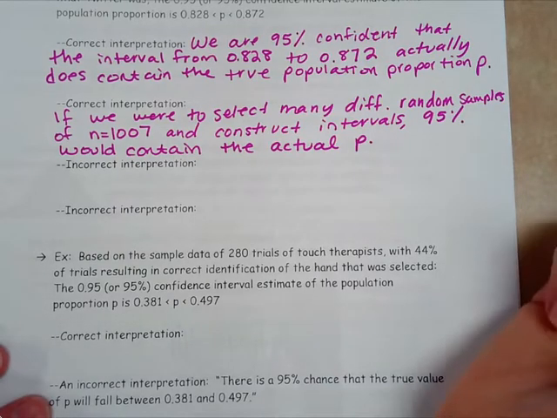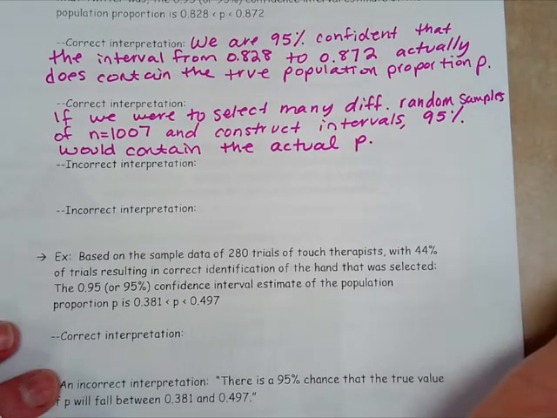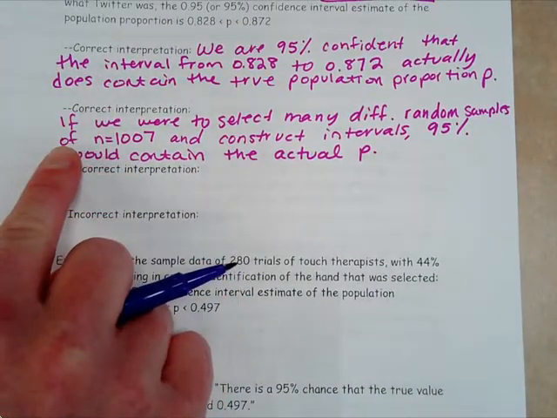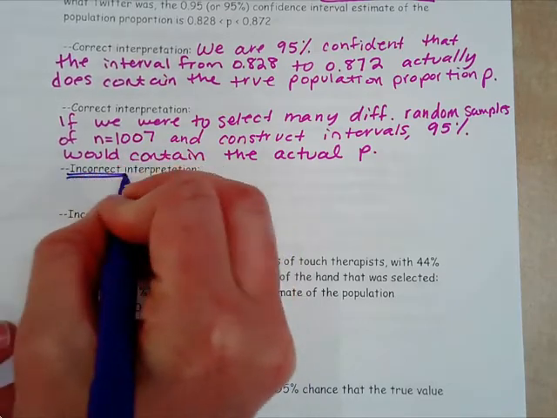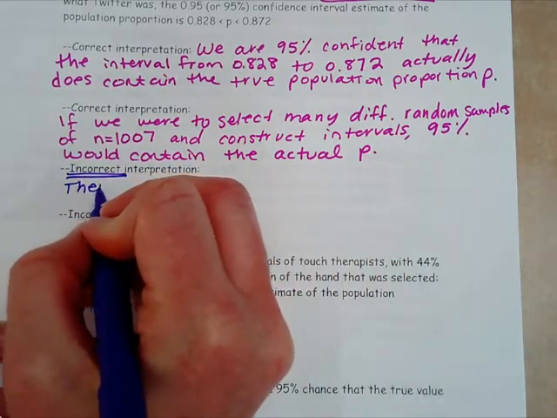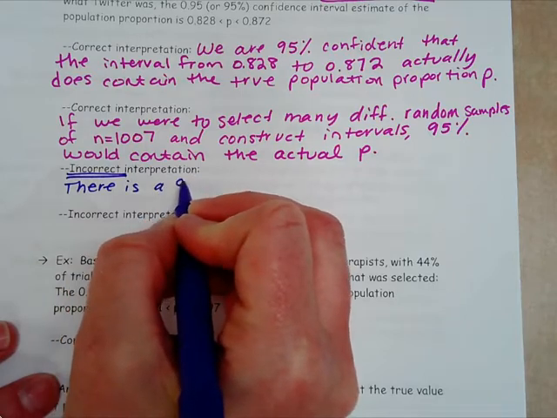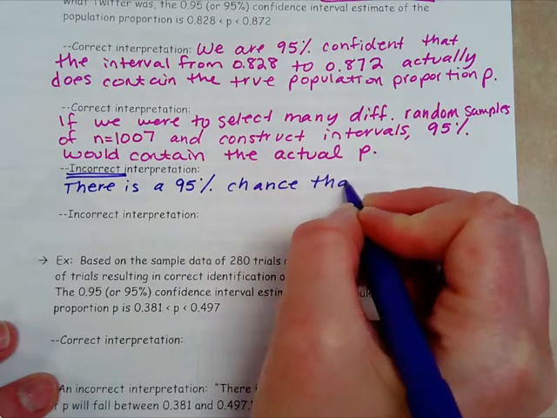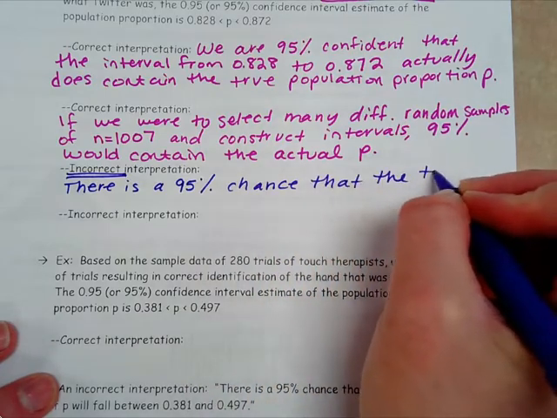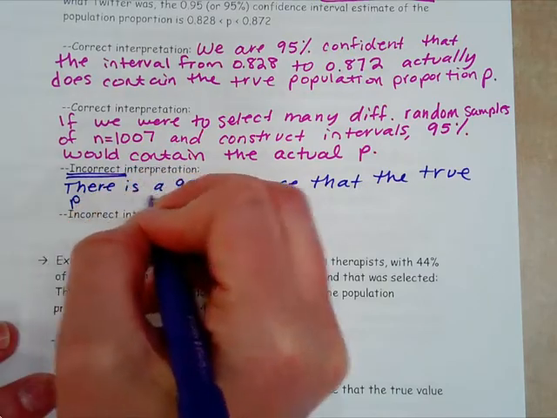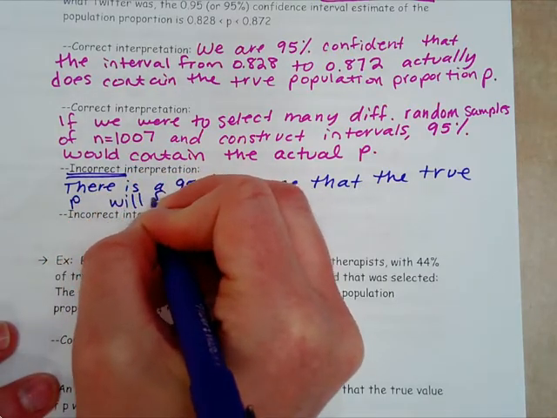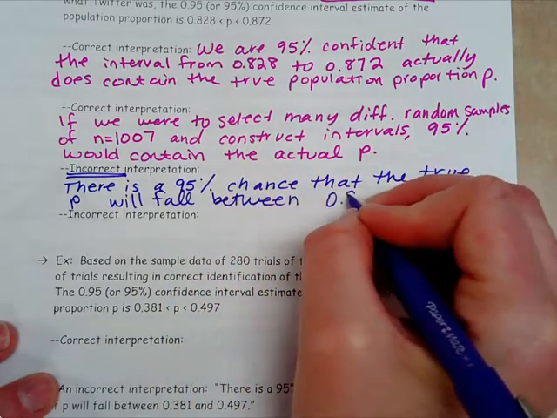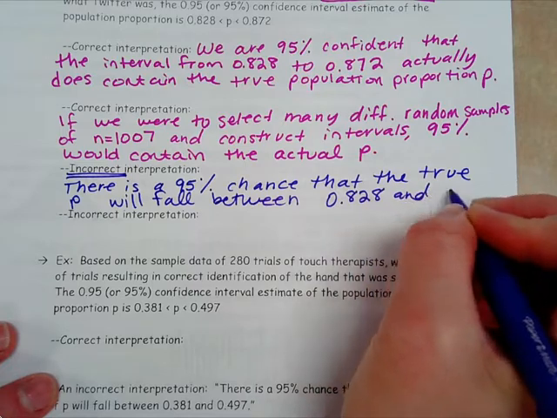The incorrect way of describing this is where a lot of people want to go with it, but these are the correct interpretations. Incorrect would be there is a 95% chance that the true P will fall between that interval, 0.828 and 0.872.